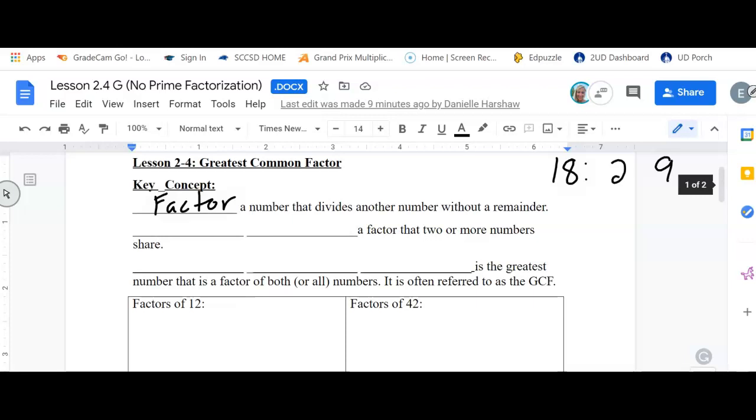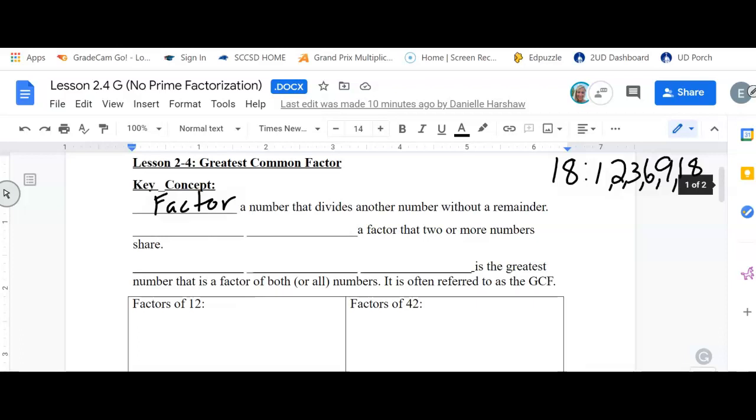So 2 and 9 are both factors. What are some other factors? Libby? 6. Good. 3 times 6 gives us 18. Any other ones? Elian? 18 times 1. Good. 18 and 1. Those are factors of 18.